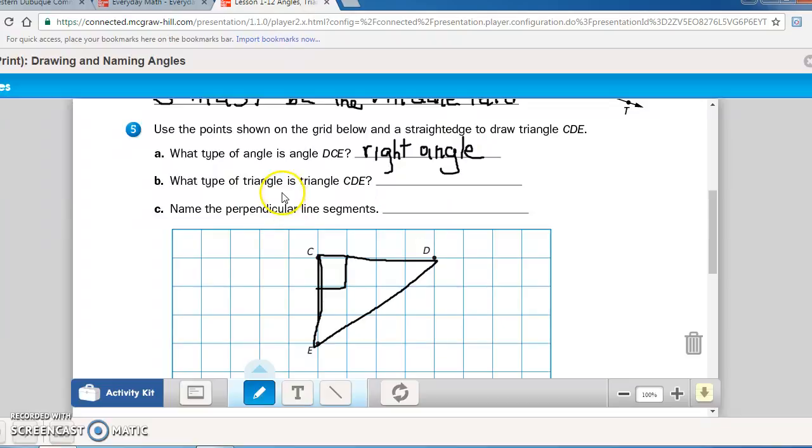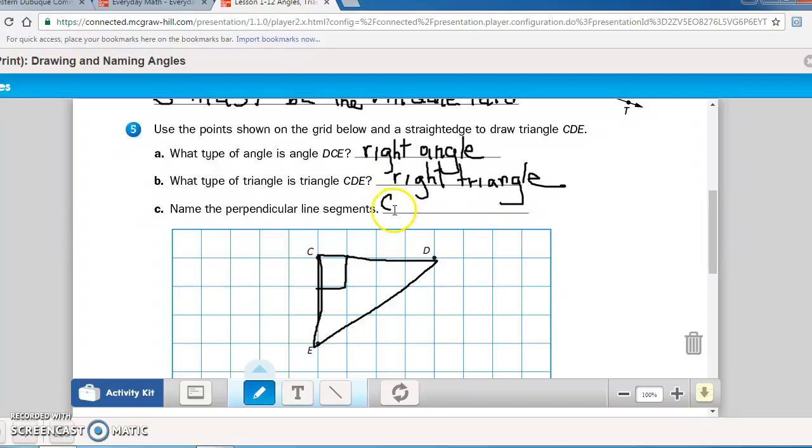What type of triangle is triangle C to D to E? Well, it's a right triangle. Notice it has a right angle, so it is a right triangle. And name the perpendicular line segments.